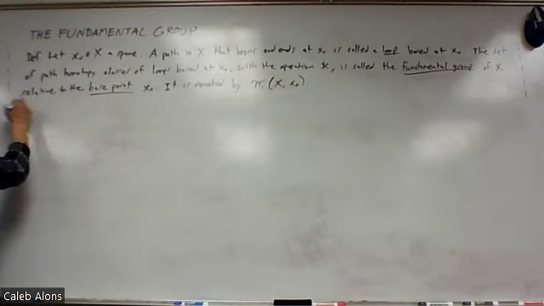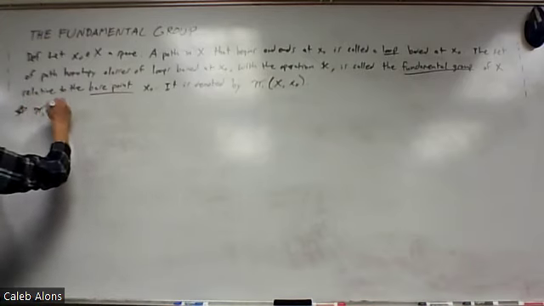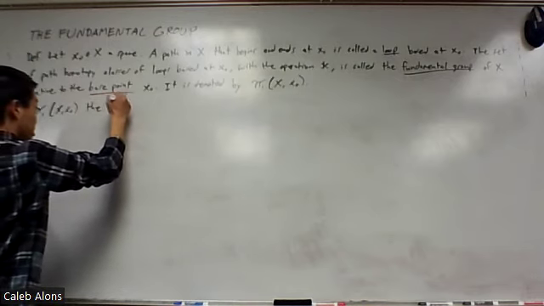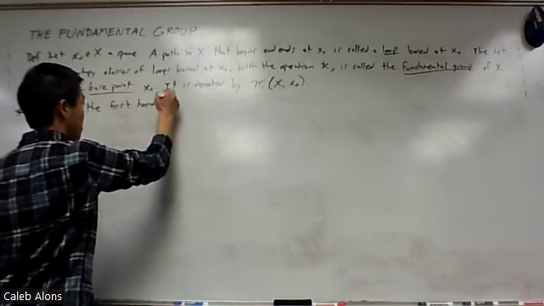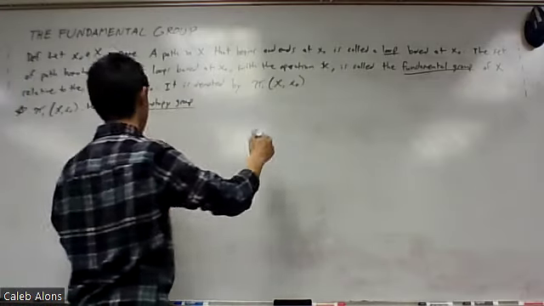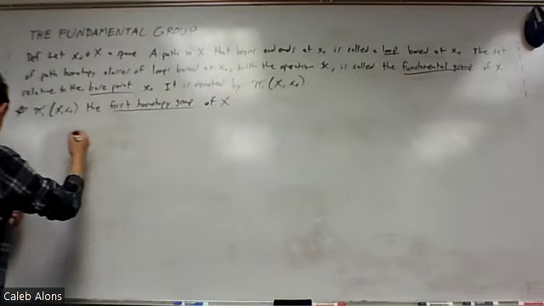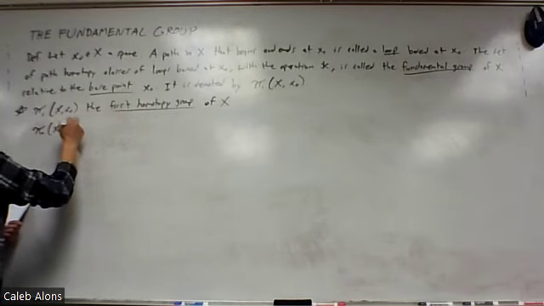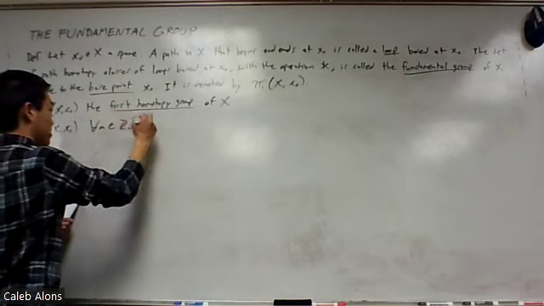And as a general note, P1 X naught is also called the first homotopy group. And if there's a first, that implies there's an nth. So some Pn X X naught, but they actually exist for all of the positive integers.